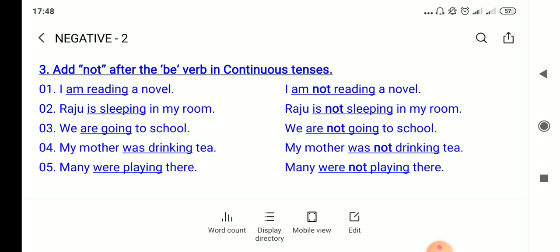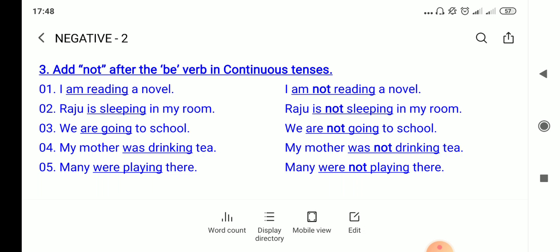Come to the last sentence. Many were playing there. Here you have two verbs, were and playing. You can add not after the verb were and the sentence becomes many were not playing there.